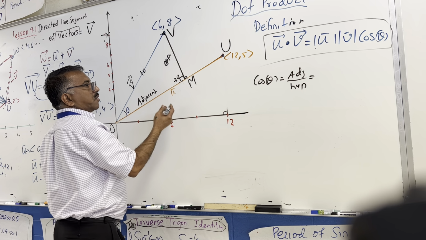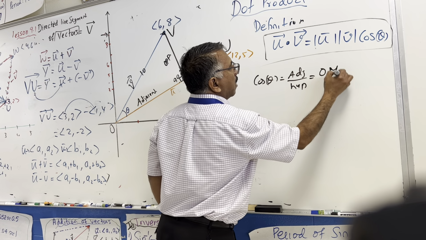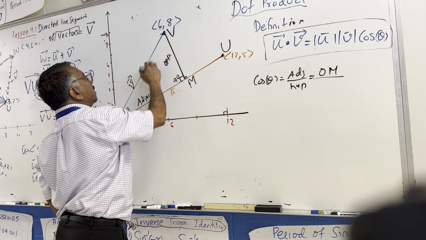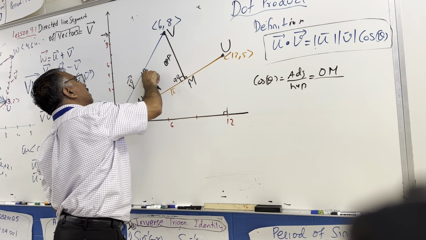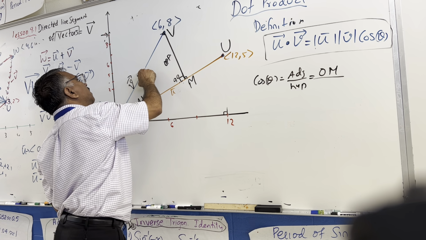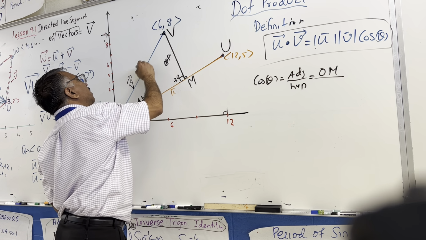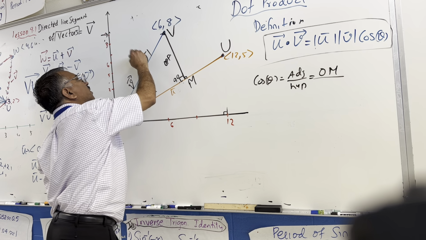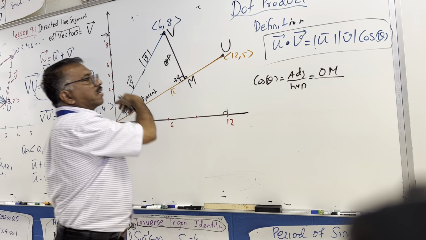We want to know what OM is, so let's write OM divided by the magnitude of the hypotenuse. Even though you know it is 10, I'm going to use the magnitude of O V with the absolute value signs.